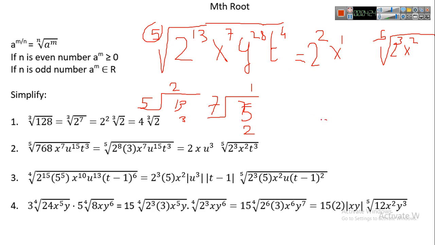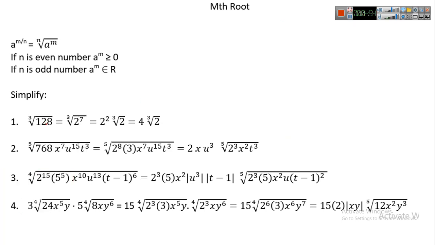You have 28 divided by 5, so this is 5 and the remainder is 3. So you have y power 5 outside and y power 3 inside. And since the power of t is smaller than 5, you cannot divide, you keep it inside. So this is the way: the quotient will be the power outside, the remainder will be the power inside.